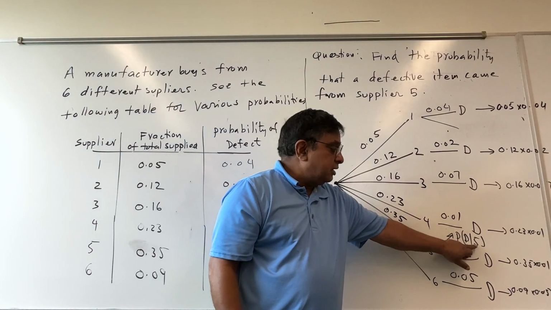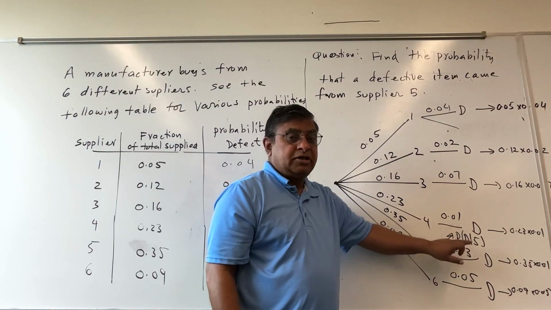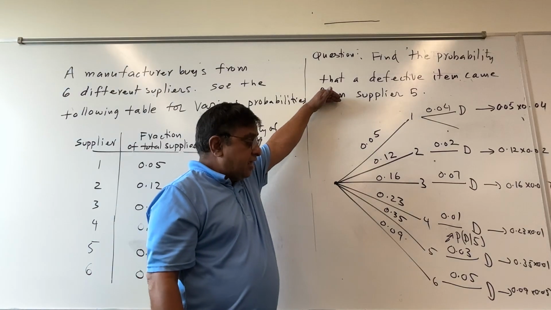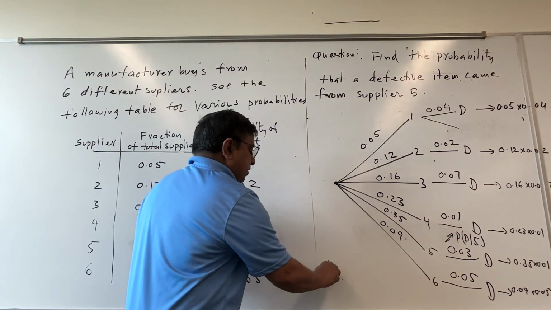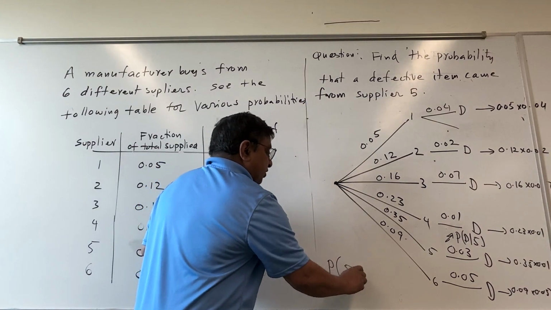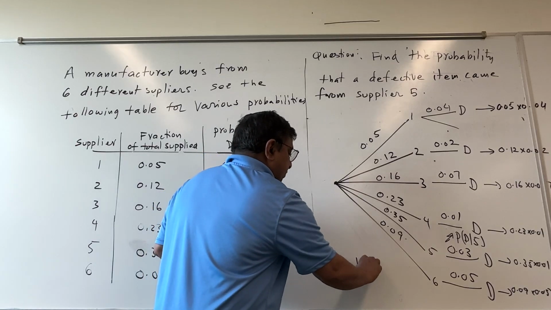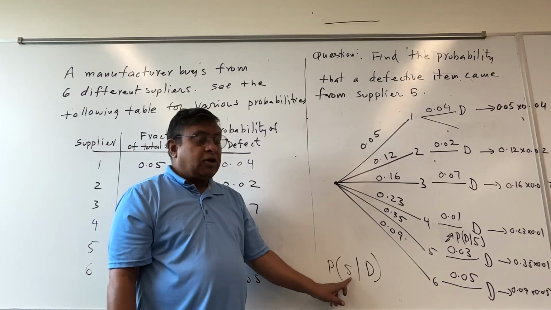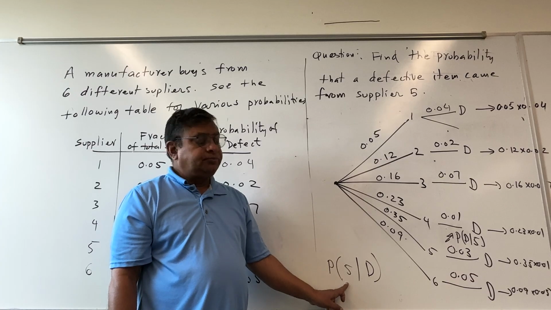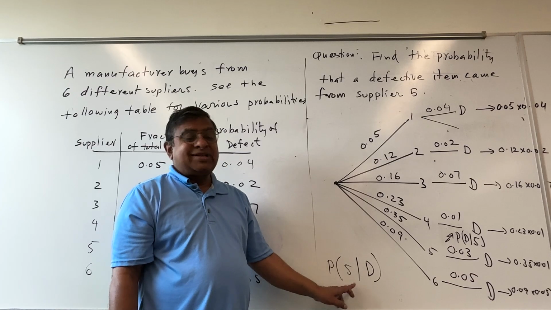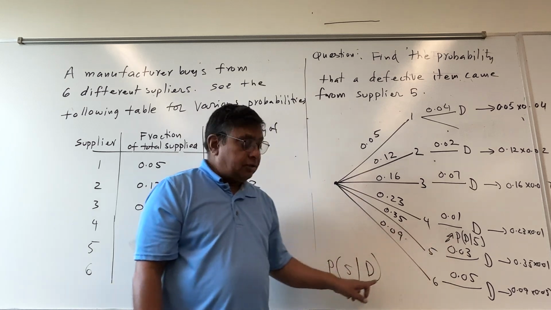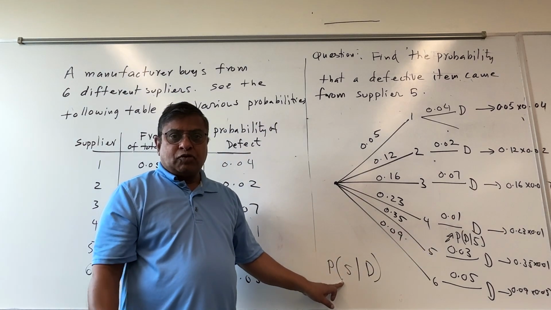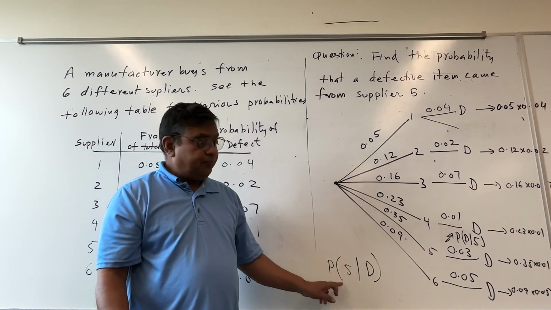Given that the item came from supplier 5, what's the probability it is defective? The question is asking to find the probability of 5 given D. Given that it is defective, what are the chances it came from supplier 5? So they're asking exactly the opposite of this. For that you have to use Bayes' theorem.